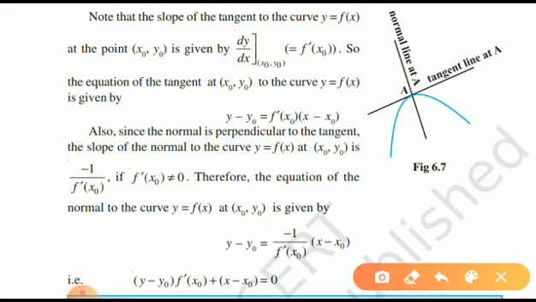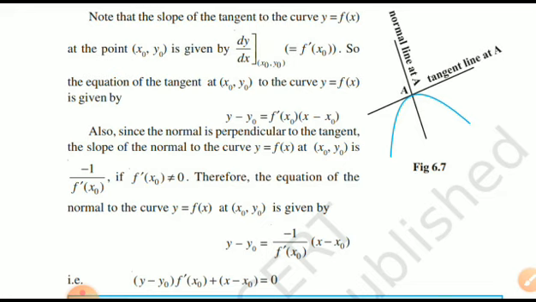Now we all know that the normal is always perpendicular to the tangent. That means, what will be the relation between the slopes of these two lines? We know that if two lines are perpendicular to each other, then the product of their slopes will be equal to minus 1.